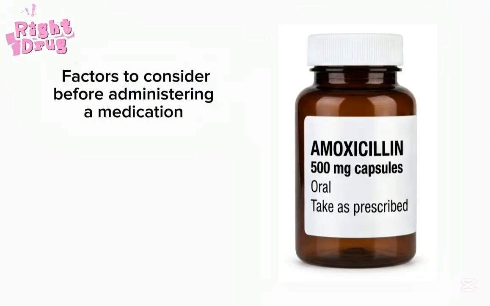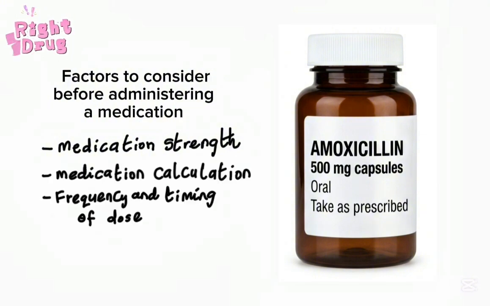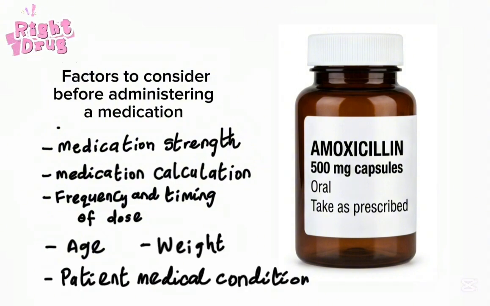You should also make sure that the dose matches the particular patient, considering factors like the patient's age, weight, and medical condition, and that it is in accordance with the medication order and guidelines.